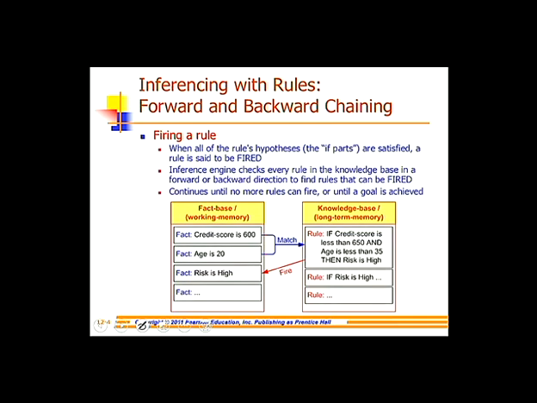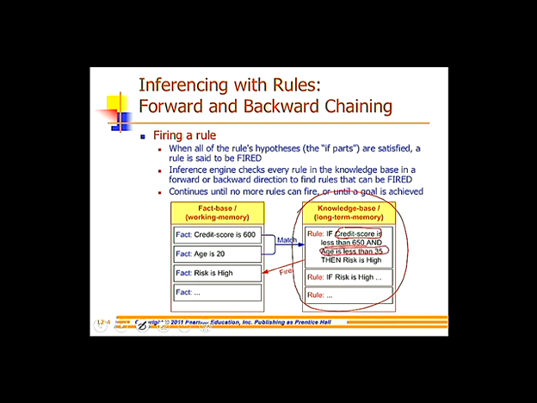Before that, let's see what we mean by firing a rule. In the knowledge base, which is a long-term memory, this is the general knowledge of the system. These are all the rules in the knowledge base. Every rule has two parts: an if part and a then part. Taking the first rule, in the if part we have two things: if credit score is less than 650 and age is less than 35.